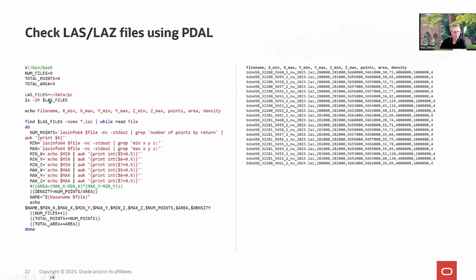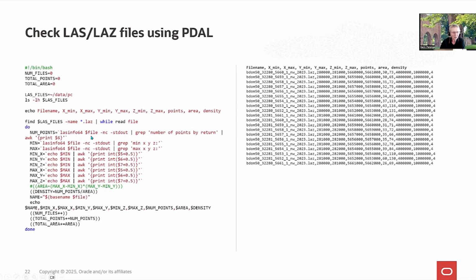So what I'm going to do is use the LAStools, and the first tool within the toolset of the LAStools is lasinfo, and the specific version for 64-bit architecture is lasinfo64.